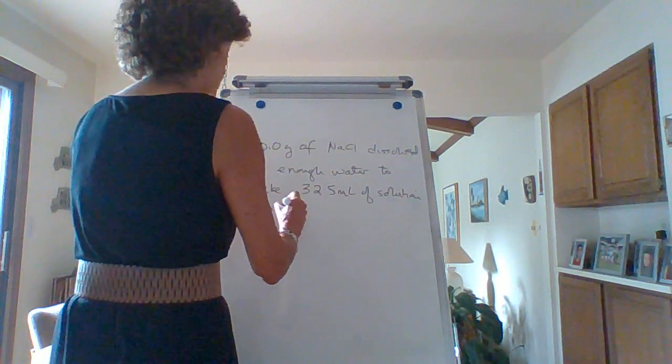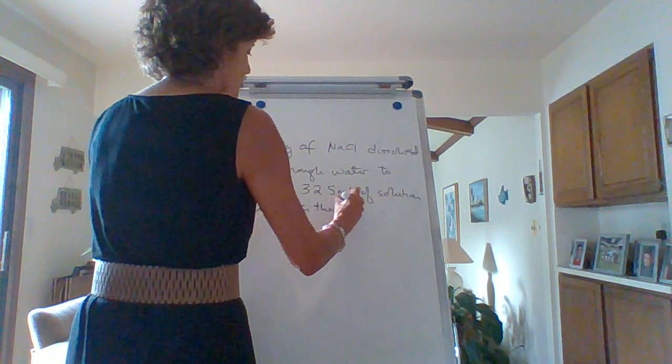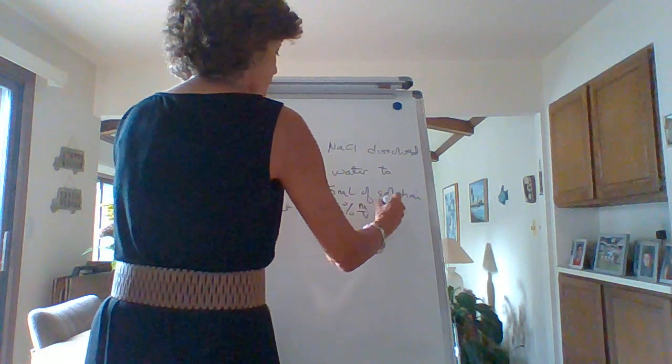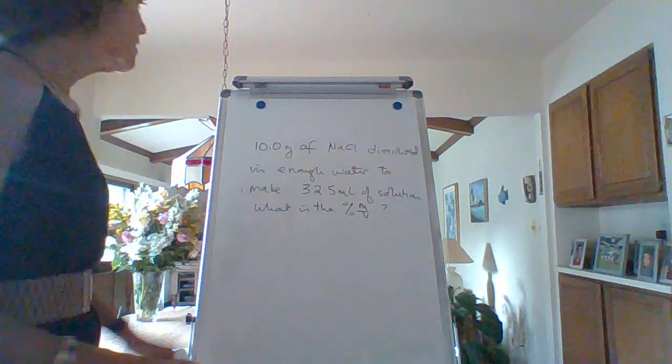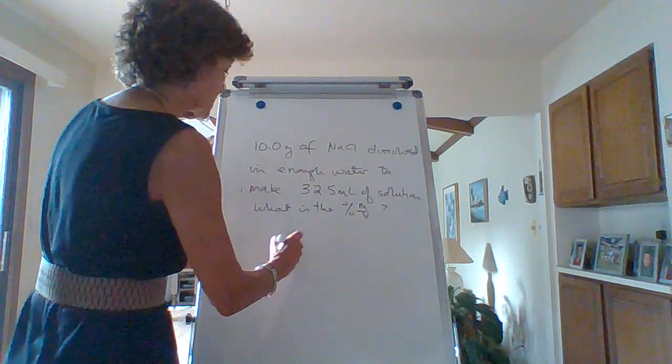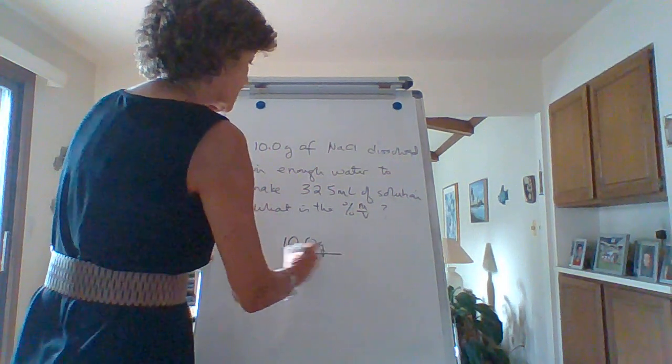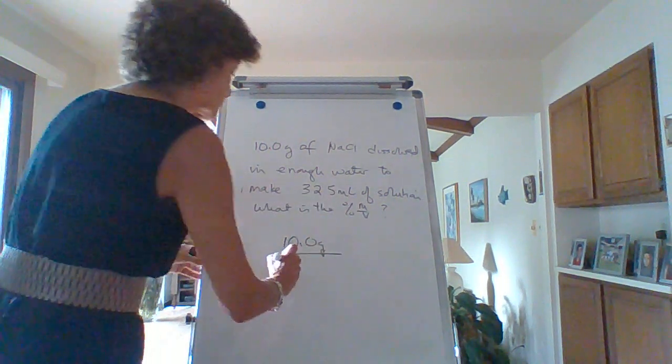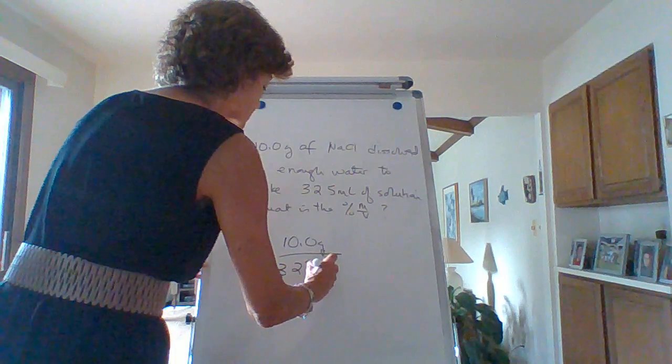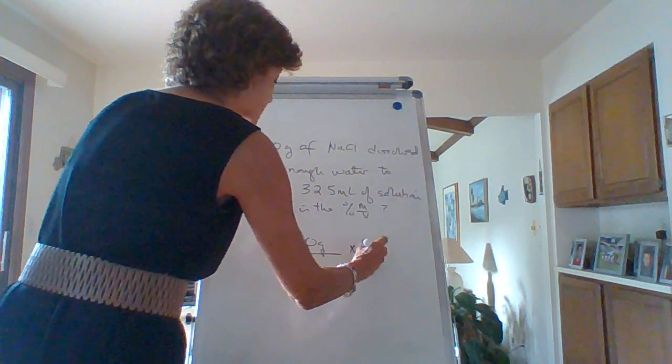What is the percent mass by volume? All right, so they gave us the mass, which is the 10 grams. They gave us the volume of the whole solution, which is 325 mils, and times 100.